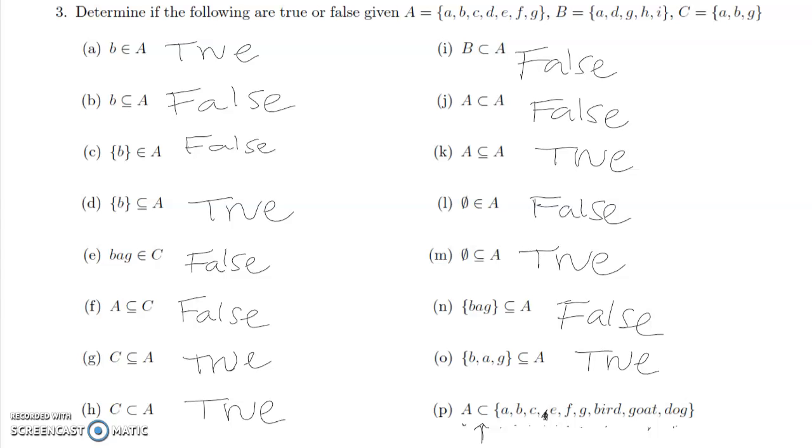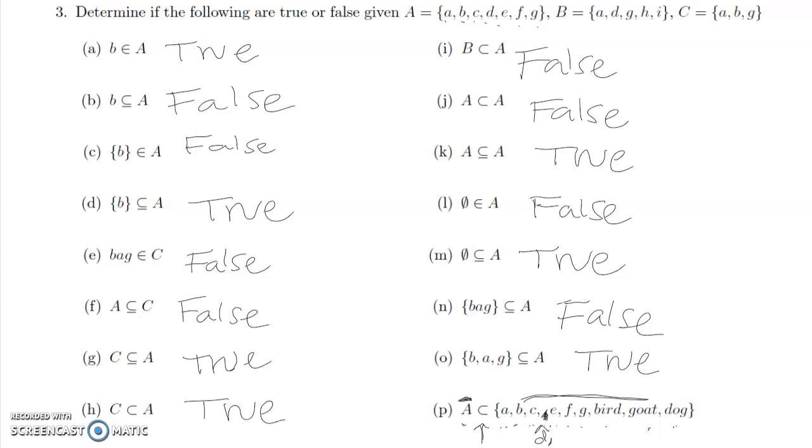That's just a typo. So now we're looking at the order. Are all of the elements of this set elements in this set? So A contains A, B, C, D, E, F, G, and yes, A, B, C, D, oops, E, F, and G. So really the typo is that there should be a D in here.